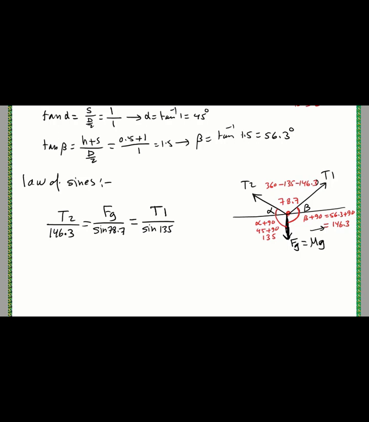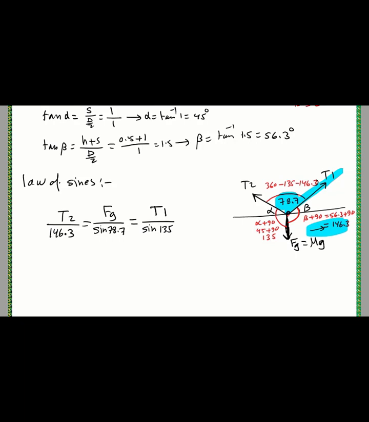If you understand it, it is very easy, and we can say that we are finished. So how can you decide the opposite? This is T1. Around it we have two angles, 78.7 and 146.3.